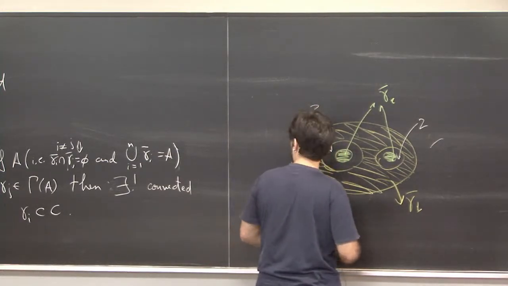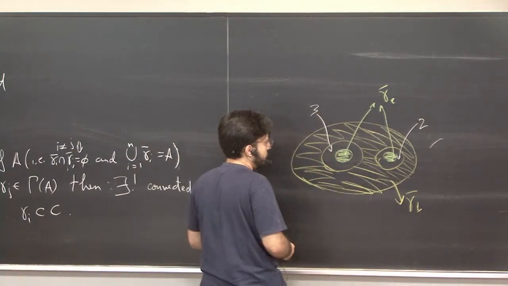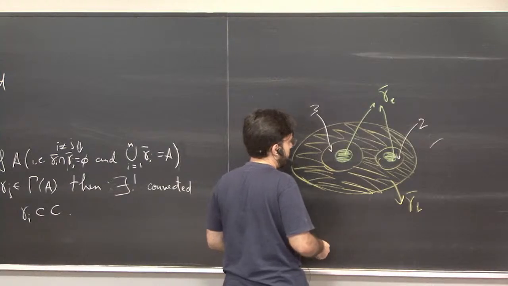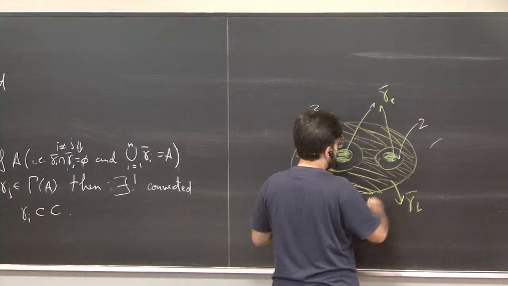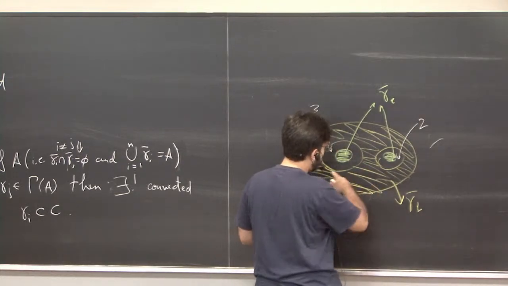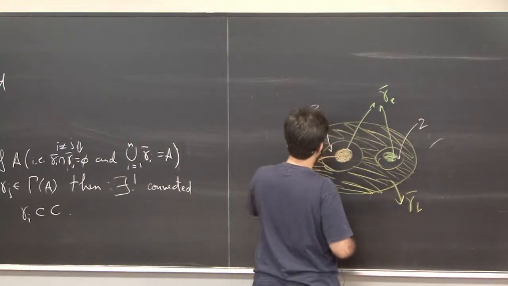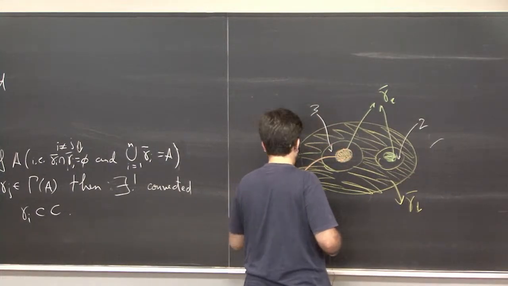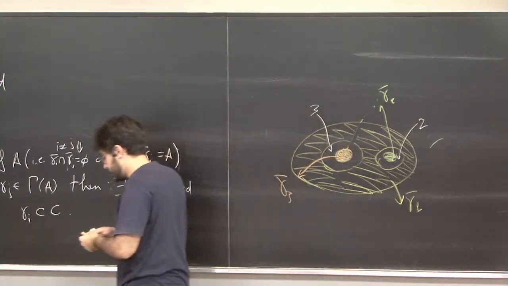So in order for this partition of the set to satisfy condition A, we must separate the two green sets into another, different element of the partition.